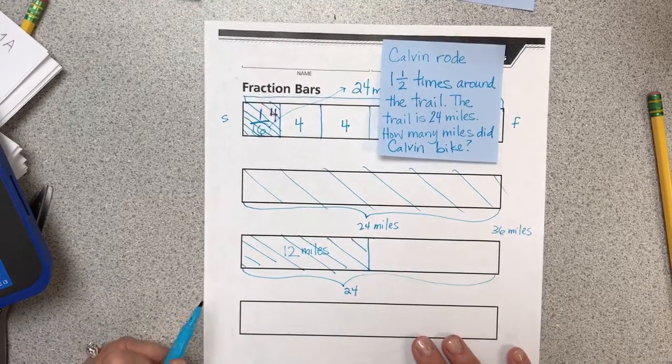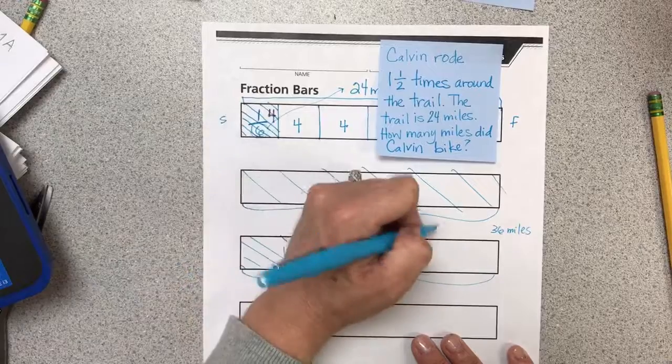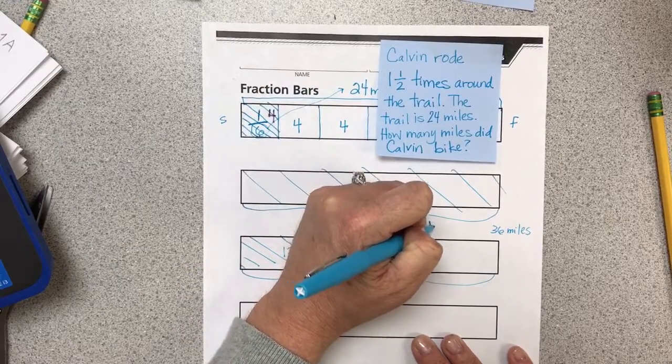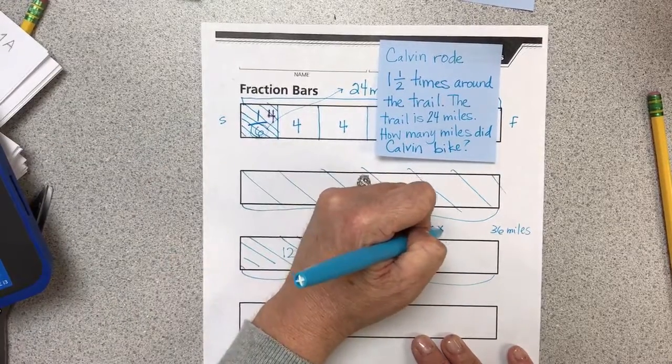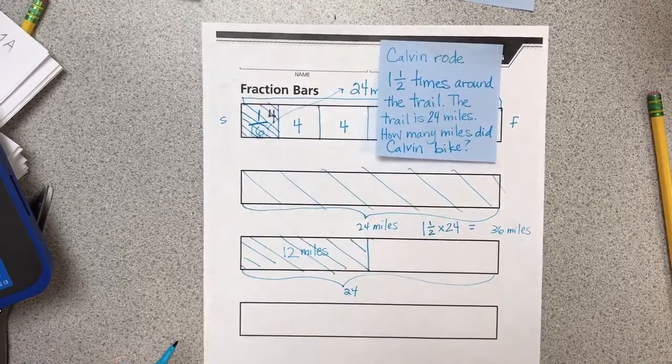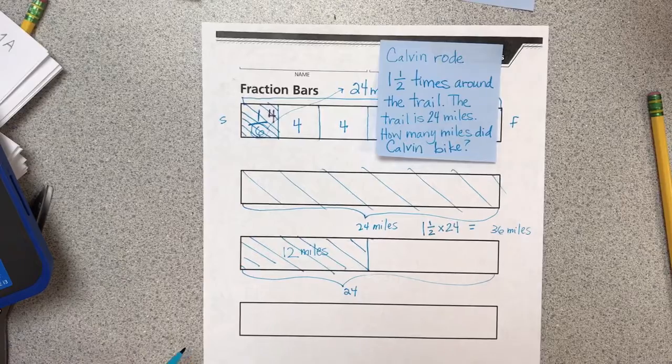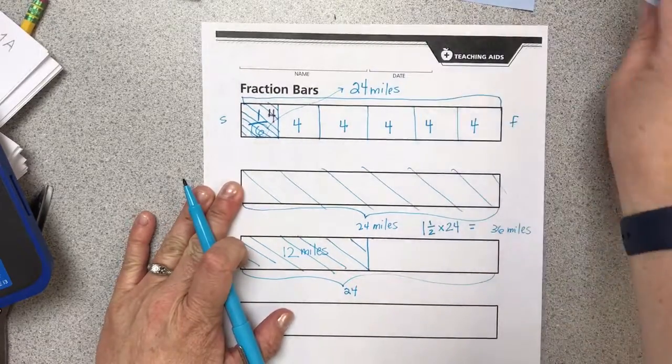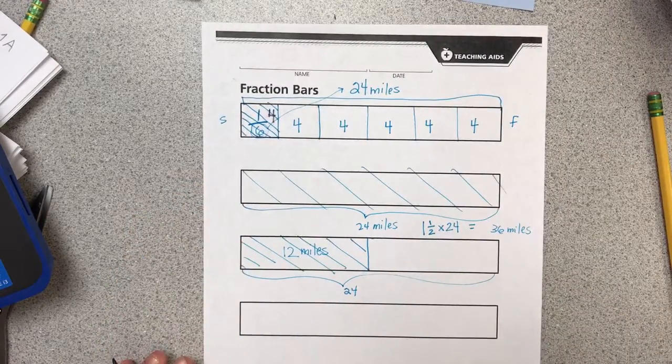Did anybody scream that out? It would be 1.5 times 24 equals 36 miles. Okay, let's try one that's not as easy, but certainly not too hard.